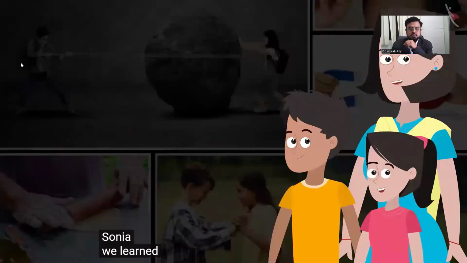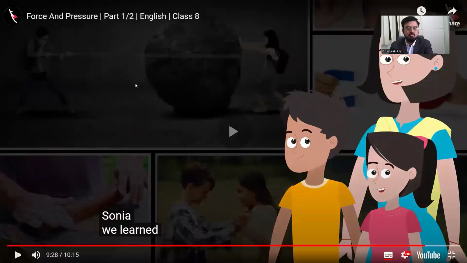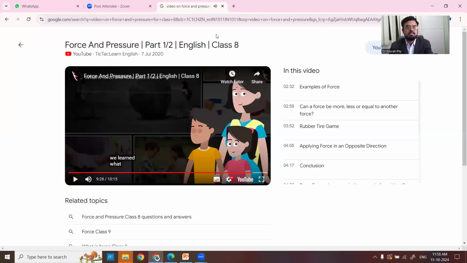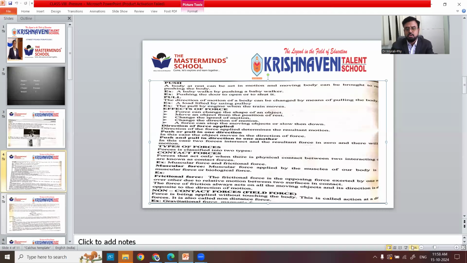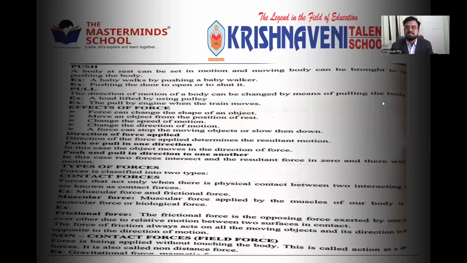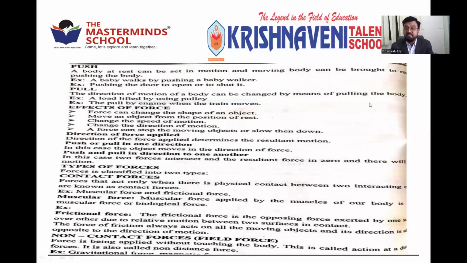So this is completely about the force. Right? What is exactly the force? You are clear? So the word force is explained wonderfully with various examples. And what are the effects of force also? We have seen the effects of force. So we wrote the 4th point. You can note even this also.